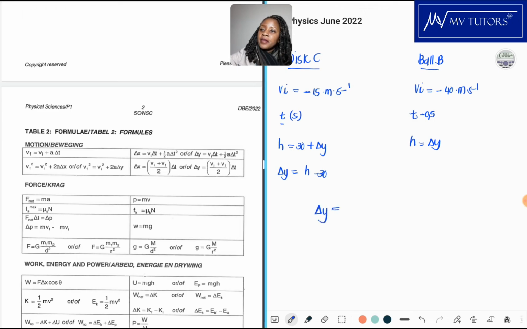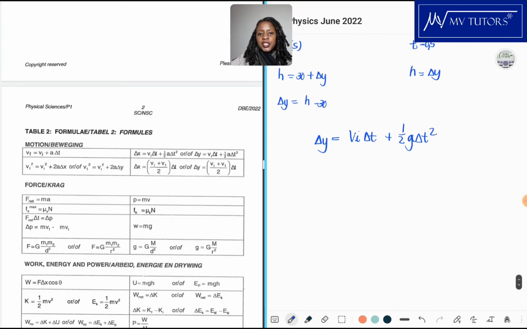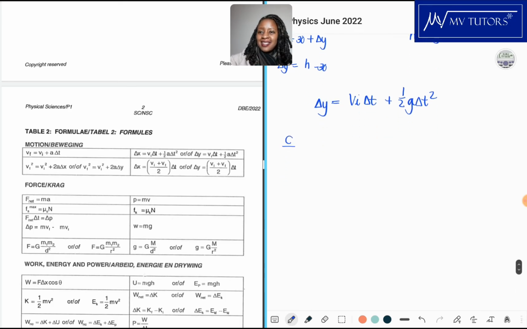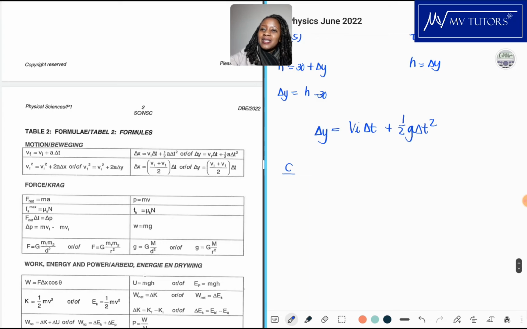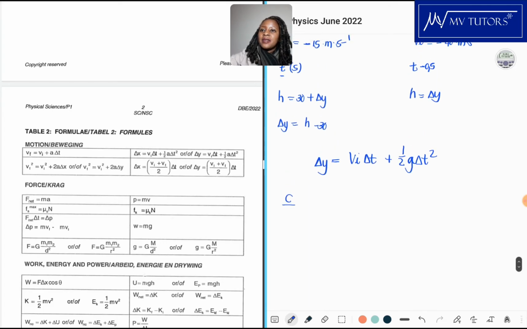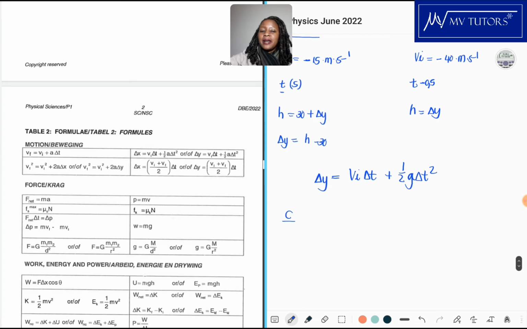Delta y is equal to initial velocity times t plus a half acceleration, which will be just g, delta t squared. And I'm going to have an equation for each, for disk C and ball B. So if I look at disk C, delta y is basically h minus 30.